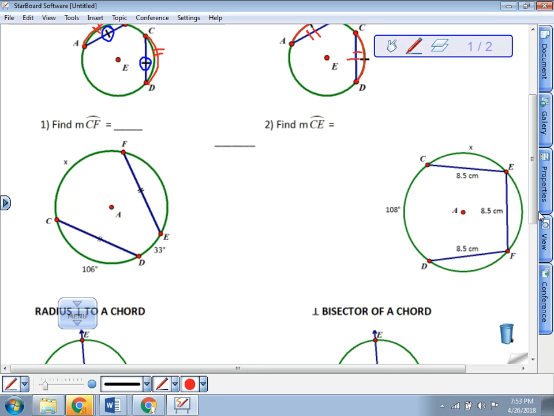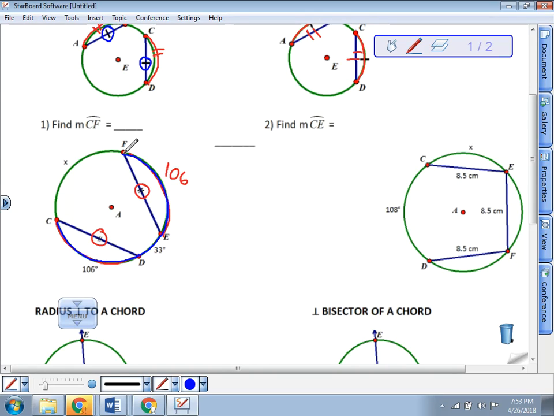We look at this one. We've got congruent chords. That means this arc is going to be congruent to this arc, which means that's 106. So how are we going to find x? We know that the whole circle adds up to 360. So we're going to add up all of this and then subtract it from 360.